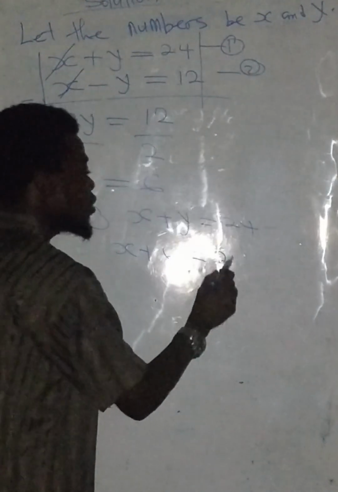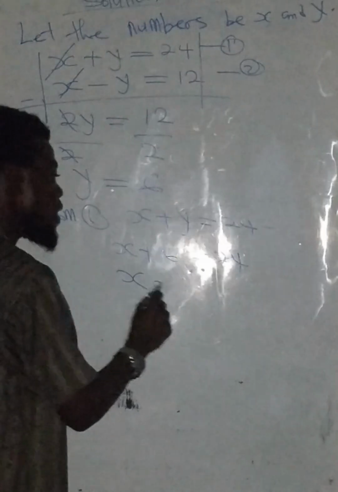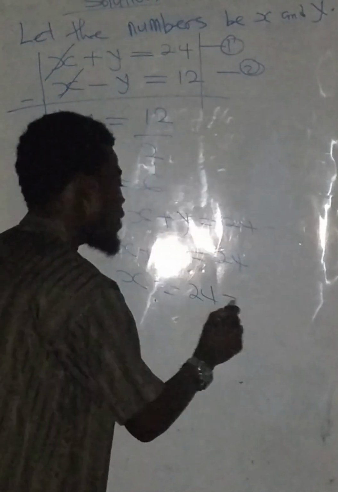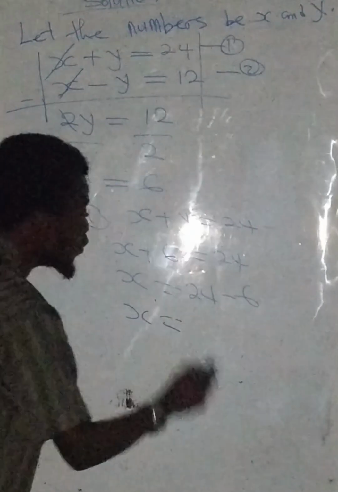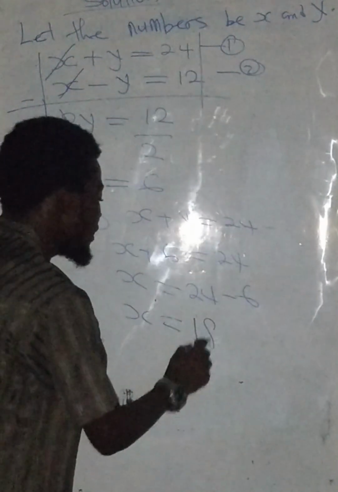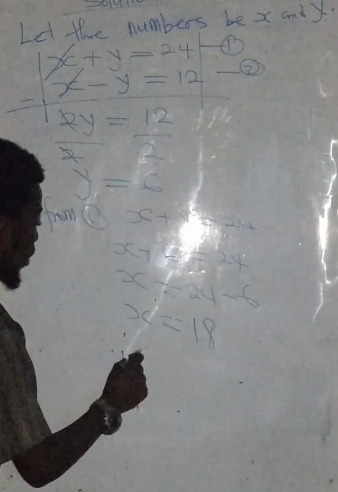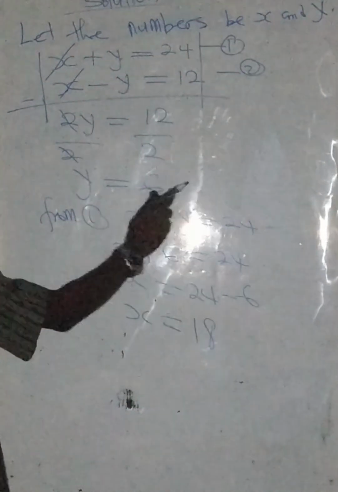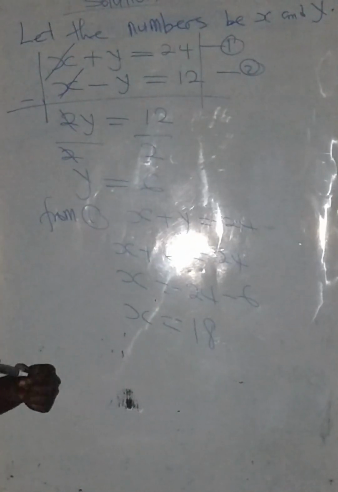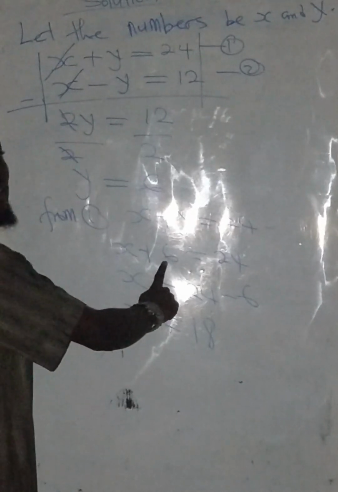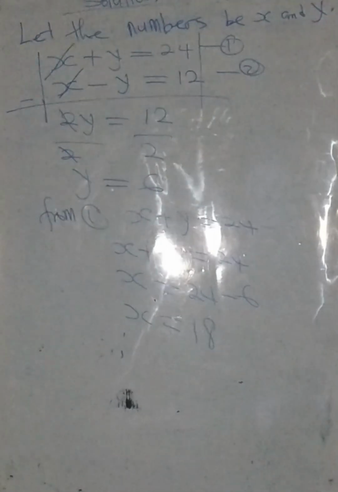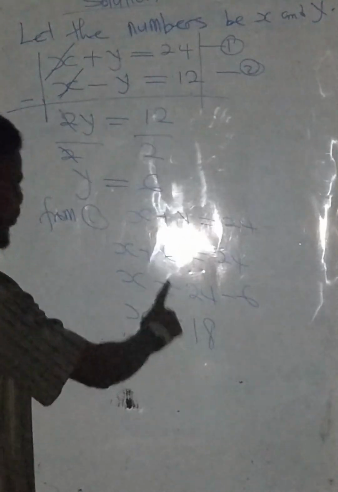So x plus 6 equals 24, therefore x is equal to 24 minus 6, so x is 18. So the two numbers are 18 and 6. When you substitute, 18 plus 6, what do you have? 24. Alright? And 18 minus 6, what do you have?